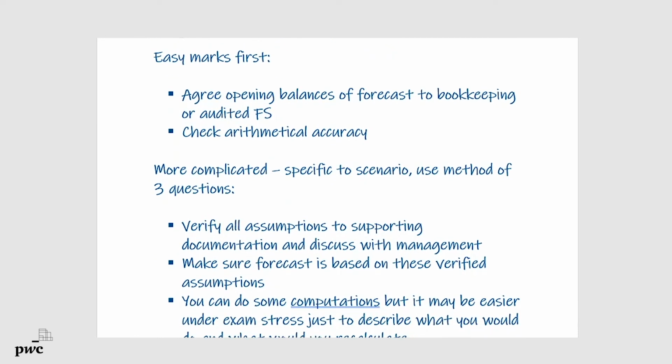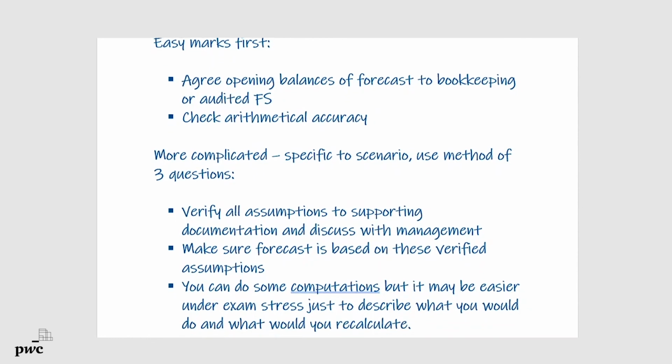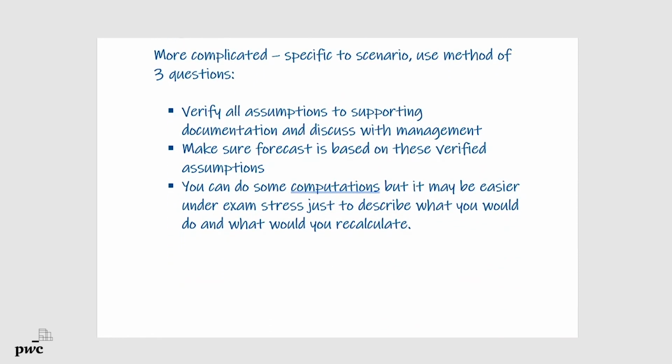And in case of a cash flow forecast or any other prospective financial information statement, it would be agreeing the opening balances of the forecast to bookkeeping or audited financial statements and checking arithmetical accuracy of the forecast. Then, of course, the more difficult part comes, and you have to construct procedures which are specific to the scenario and take into account all the information there.